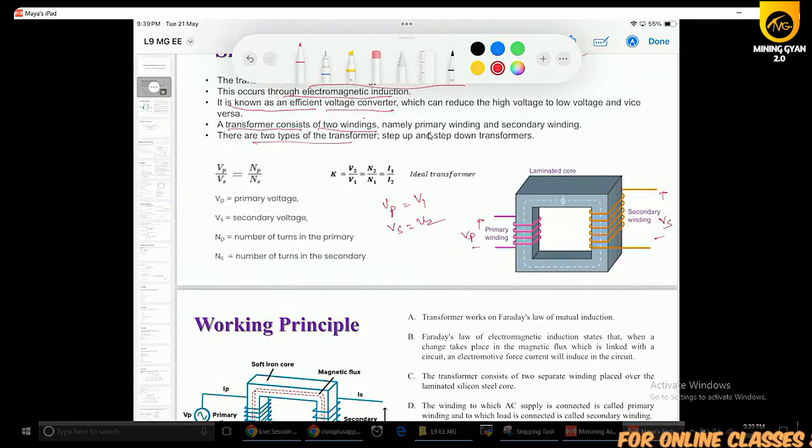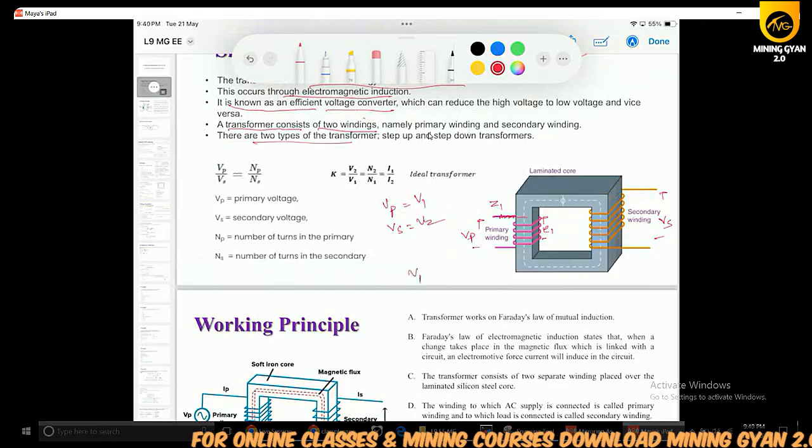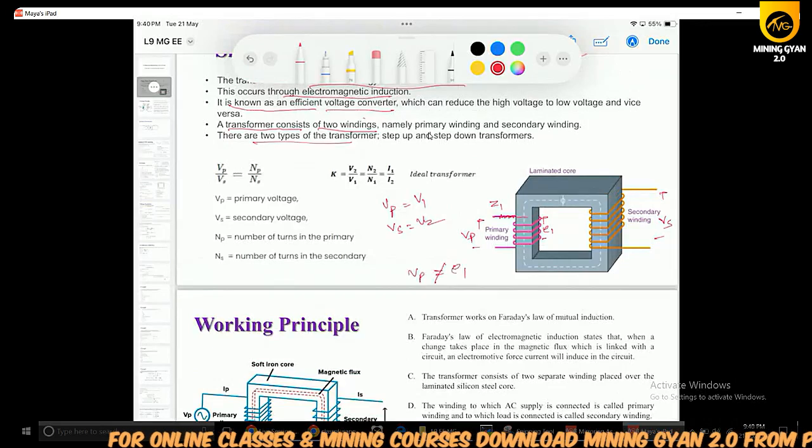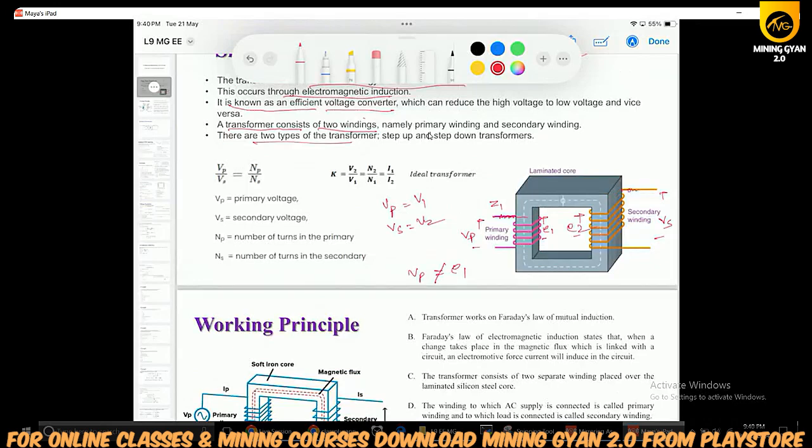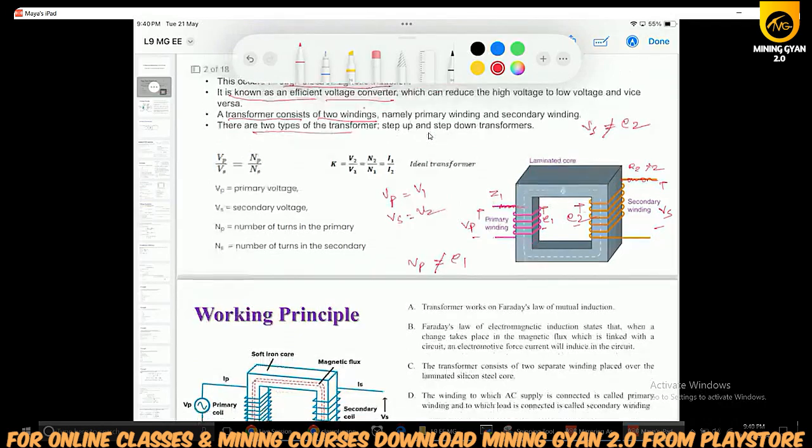Vs is V2 and Vp is V1, and across these two terminals E1 will be there, because in between there is resistance or inductance, meaning Z1 will be there, so Vp is not equal to E1. Likewise, this is E2, and here R2 X2 will be there. So Vs will not be exactly equal to E2, meaning you have to apply the KVL equation through this loop.